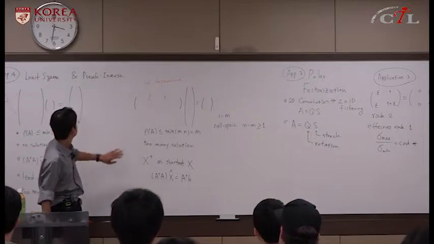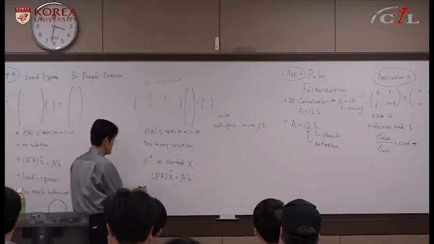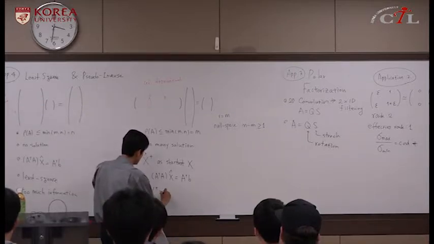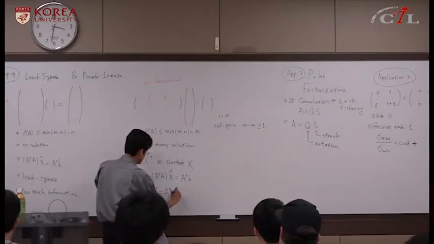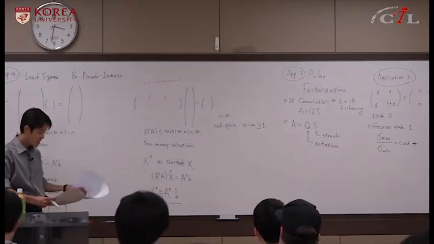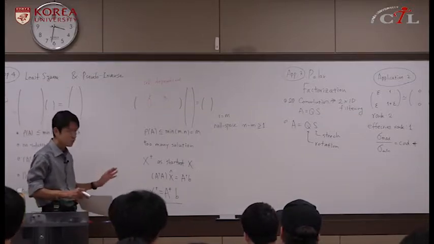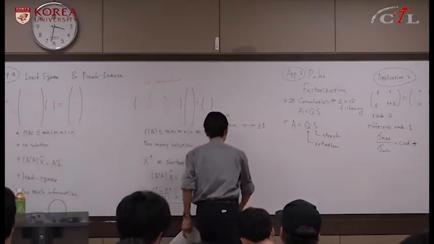To find x pseudo, we need to find the pseudo-inverse A pseudo. That gives x pseudo, and that can be acquired by singular value decomposition. Let's keep going.